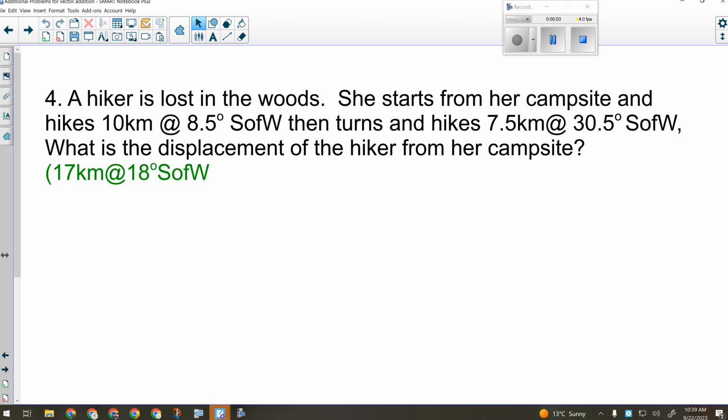I guess I'm just going to put the diagram up here. Okay, so we got 10 kilometers at 8.5 degrees south of west. Both of them are actually south of west, so we'll start out with the 10 kilometer vector.